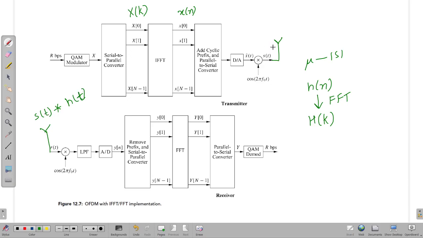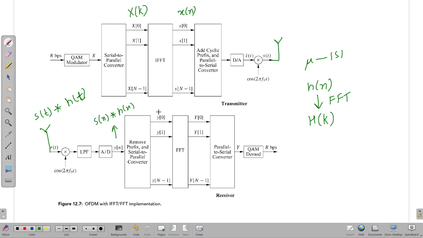Here s of t is continuous in nature, so I'm using h of t also continuous in nature. However, after sampling, it becomes discrete in nature: s of n linear convolution with h of n.